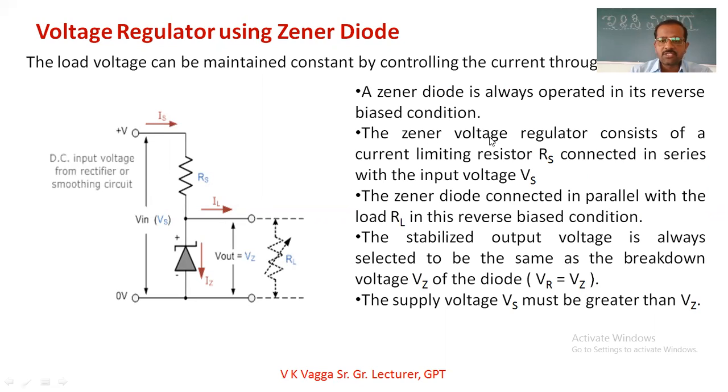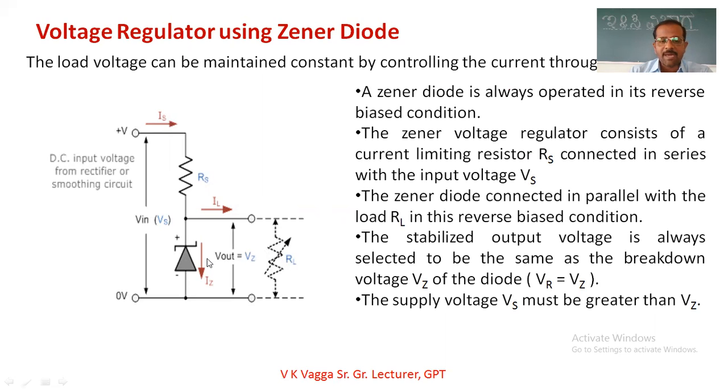The Zener voltage regulator consists of the current limiting resistance Rs. You can see the Rs is connected in series with the input voltage. The input is applied here, and Rs is connected in series. The Zener diode, in reverse bias, is connected in parallel with the load resistance.